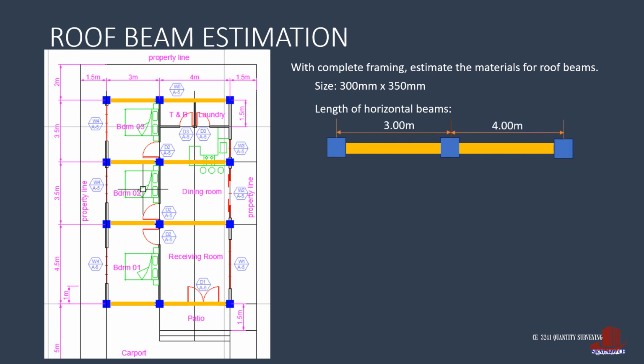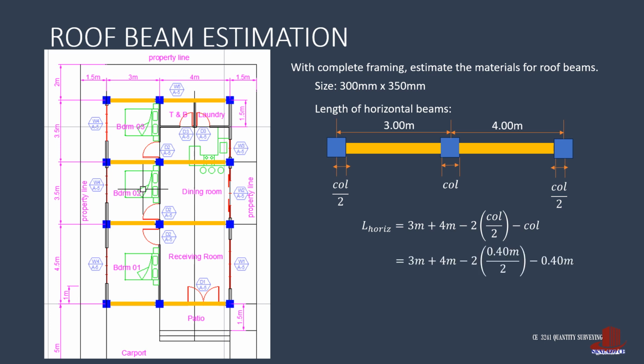The gross length turns out as 3 plus 4 meters. But a clear span is computed by taking out twice of half of the columns on both ends, and the whole width of the middle column. The length of the beam is then 3 plus 4 less twice of half of 0.4 minus 0.4 meter. The length is then solved as 6.2 meters.